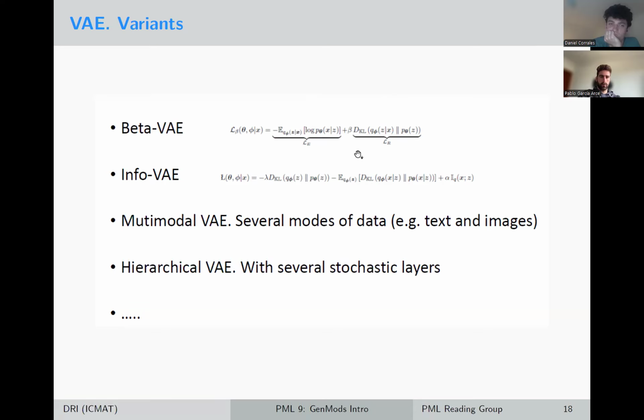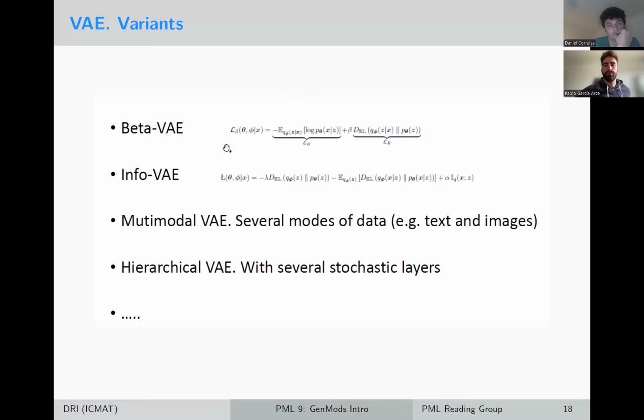When beta is 0, we get the standard deterministic autoencoder, which would give, let's call it, more precise reconstructions. If we make beta 1, then we recover the standard variational inference objective.